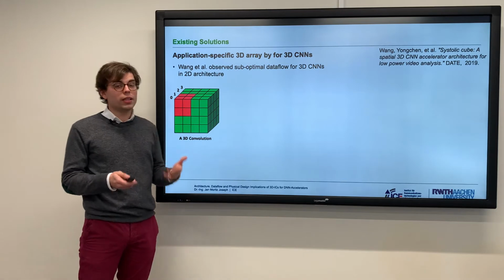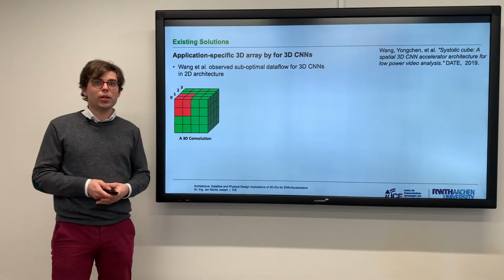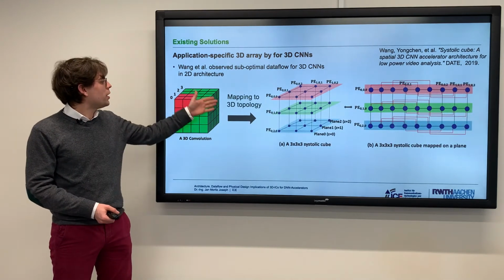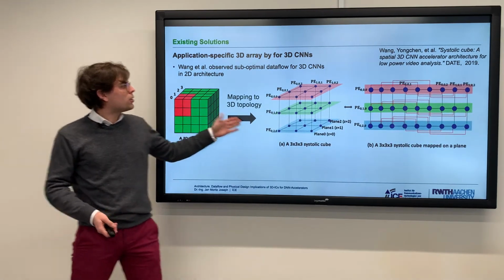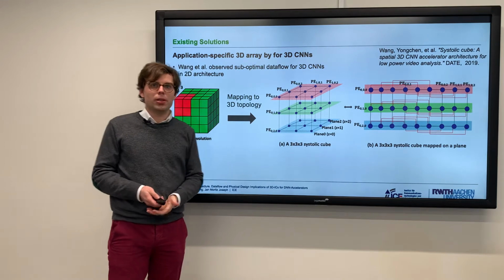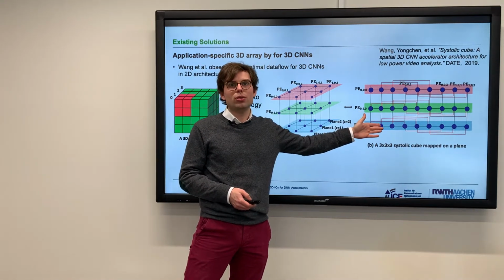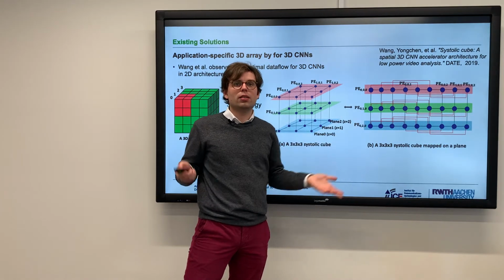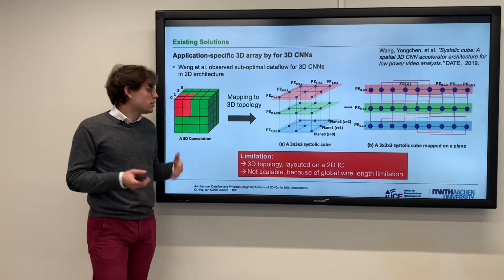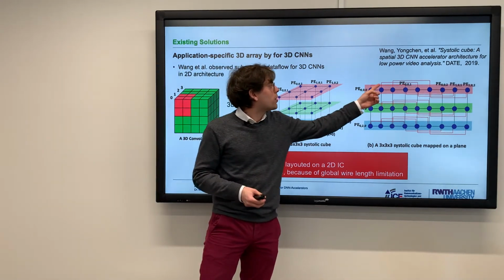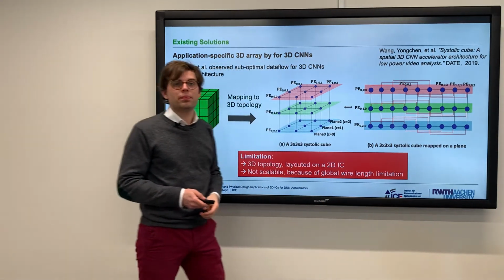Then we found one work from Wang et al. about 3D CNNs, which is very application specific, but goes more in the direction of what we want to do. Here in the 3D CNN, you have a 3D compute space, so let's map this to a 3D systolic array. This is a 3D topology, but it is in the end laid out in a 2D IC. So basically it is a flattened topology, and this is limited in terms of scalability due to the length of global wires, as shown here.